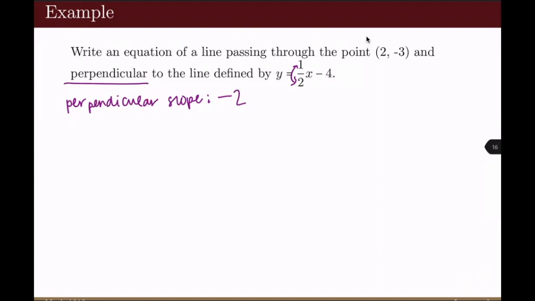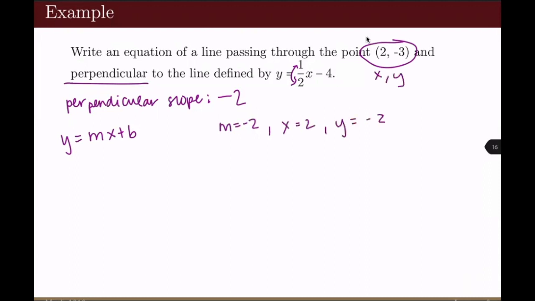All right. Now I wanted to pass through the point (2, -3). So if I have my y equals mx plus b, then my m is going to be negative 2, x is 2, getting that from this point, and my y is negative 3.